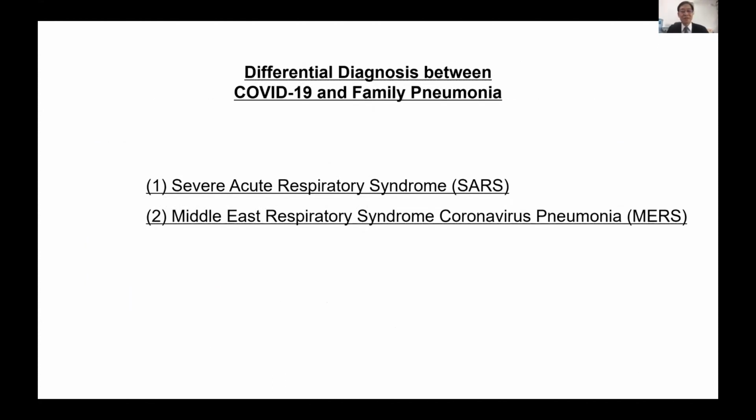Differential diagnosis between COVID-19 and other pneumonias. First, severe acute respiratory syndrome, the name is SARS. Second, Middle East respiratory syndrome coronavirus pneumonia, the name is MERS.